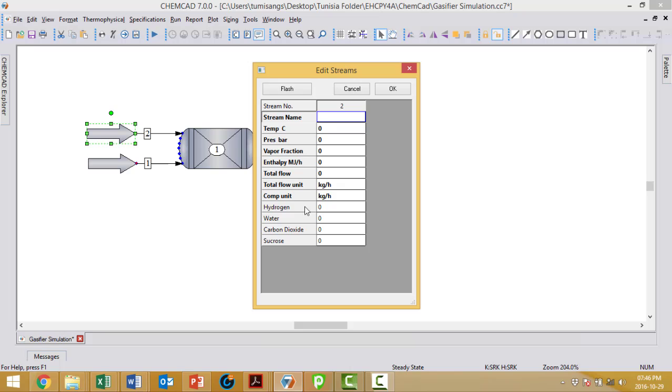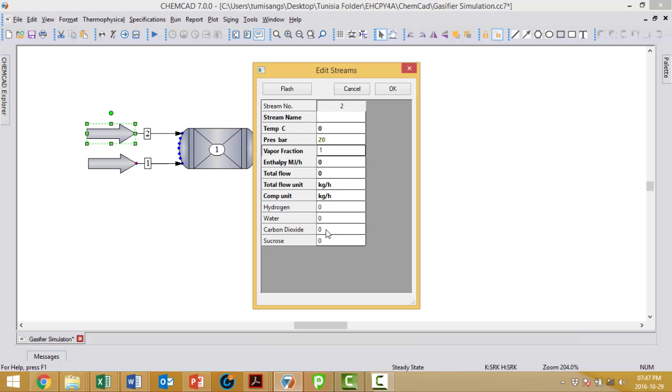Now looking at stream 2, we know that our pressure is 20 bar, and we are supplying saturated steam, which means that the vapor fraction of the steam will be just at 1.